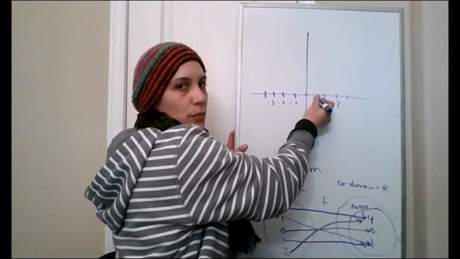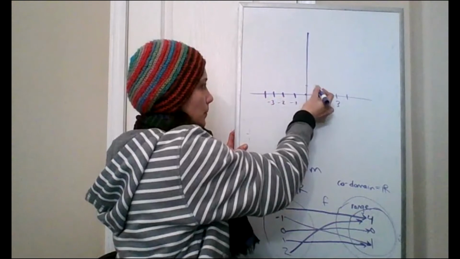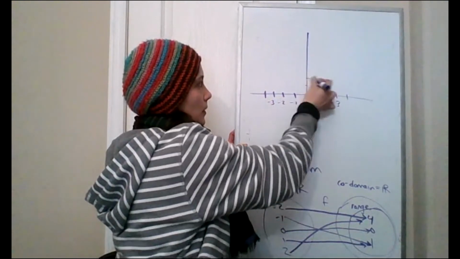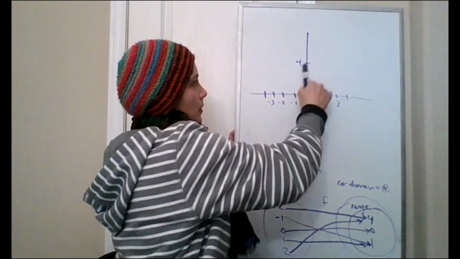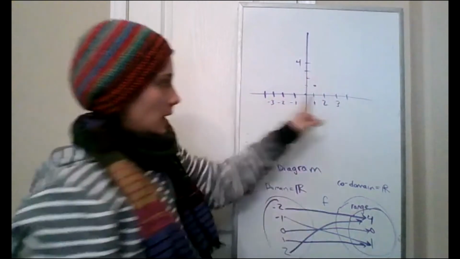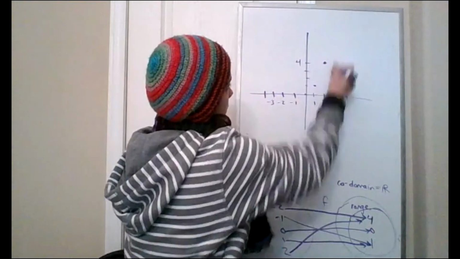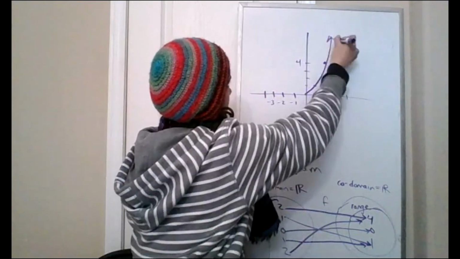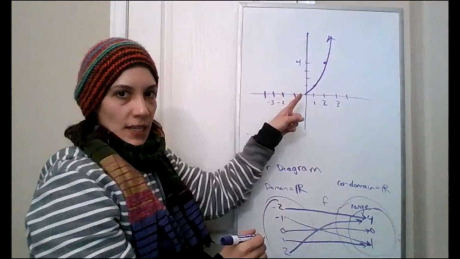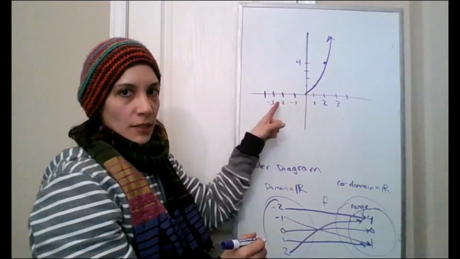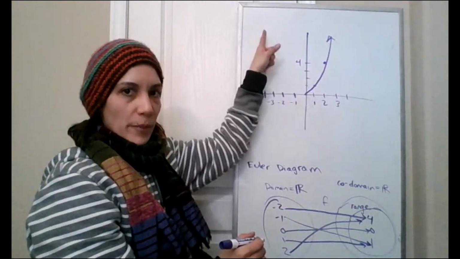Input 1, output 1. We input 2 and output 4. It keeps going on like that. On the left side, -1 went to +1, -2 goes to +4, and it's a parabola.